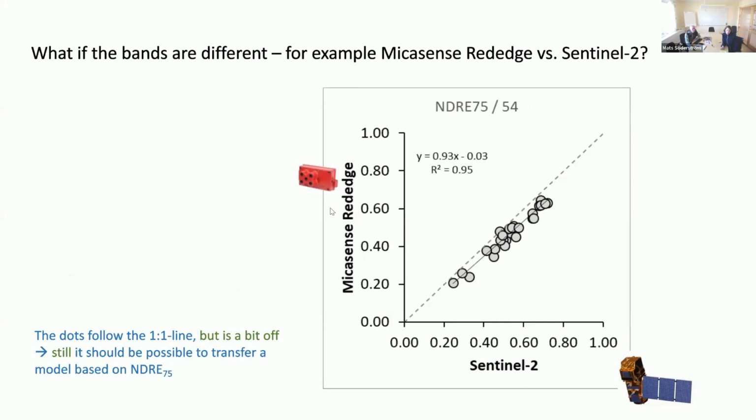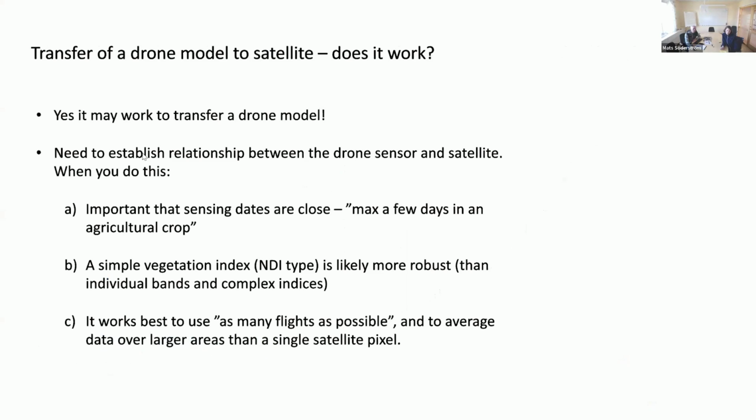But this means that you could also use this camera for doing such a thing as we did with the Maya camera. So as long as you have a good and stable relationship that is known, then you could try to do this if you're interested in doing it. What is important when you do this relationship between the drone and the satellite data is that, especially in an agriculture crop, you need to be very close in time.